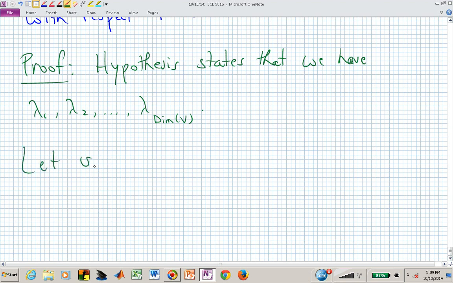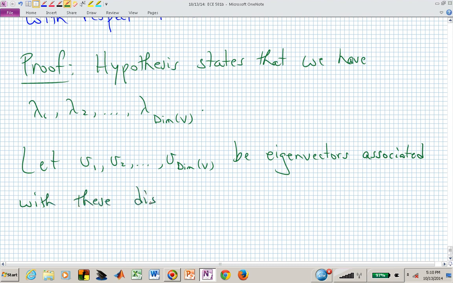Now let's let V1, V2 up to V sub dimension V be the associated eigenvectors, the eigenvectors associated with these distinct eigenvalues.